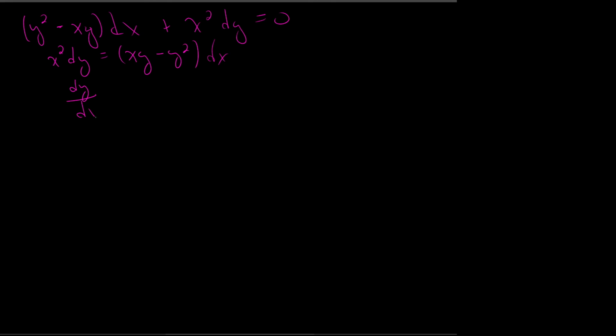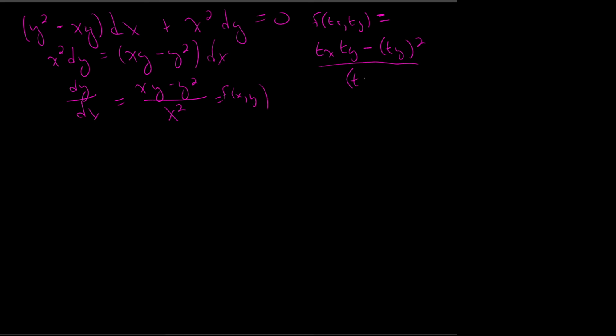dy/dx is equal to (xy minus y squared) over x squared. Well, if this is f of (x, y), then f of (tx, ty) is equal to tx times ty, because I'm dropping tx and ty in here, minus (ty) squared over (tx) squared.